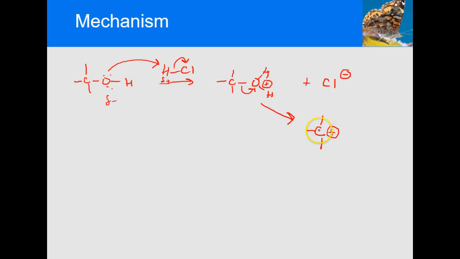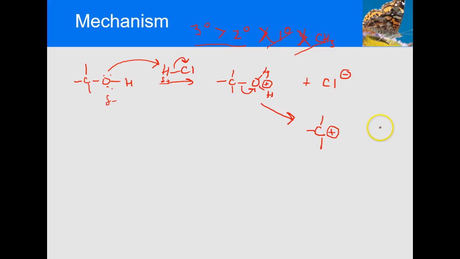That's why tertiaries and secondaries work really well, because we've learned that tertiary carbocations are much more stable than secondary carbocations. And we've learned that you can't really form primary or even methyl carbocations. Those are not very stable. So that's why this works really well for tertiary and secondaries, because you form a carbocation in the intermediate.